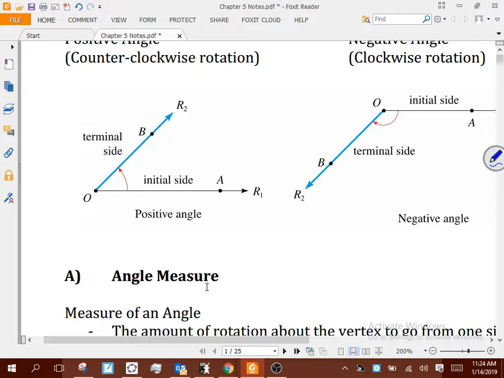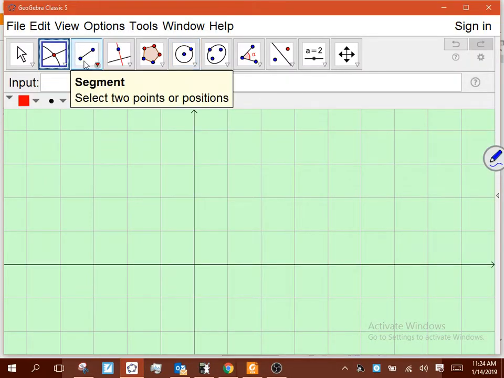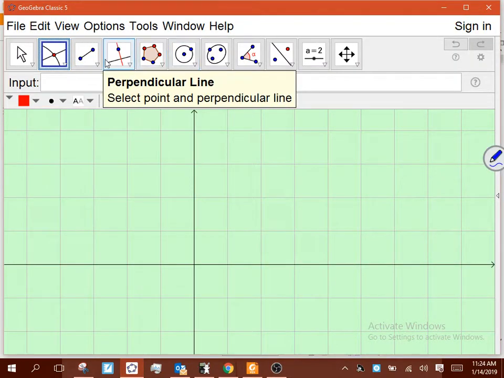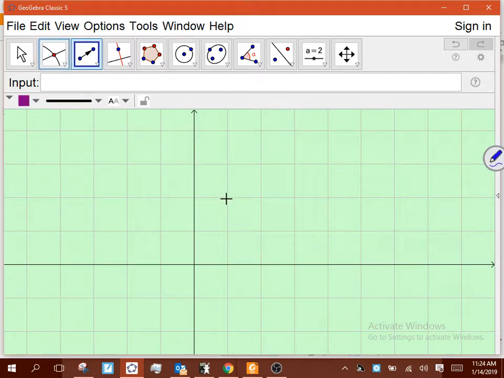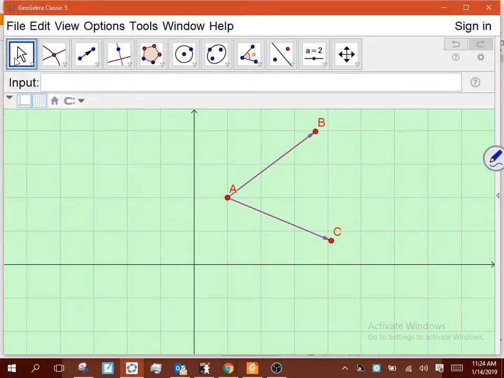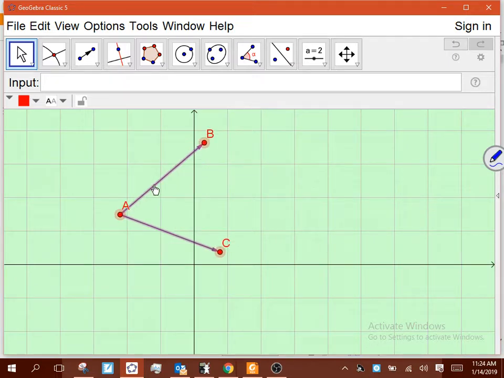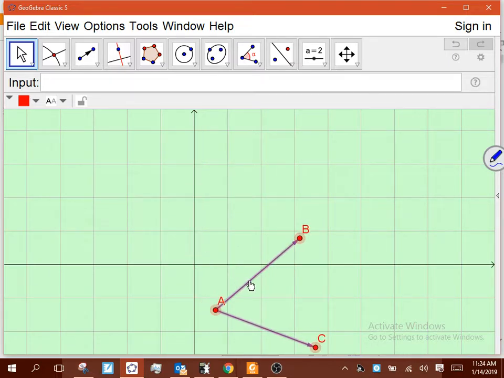Maybe you guys who have a little bit of a vector background might know this. If I look at that angle right there, is its measurement the same as that angle right there?